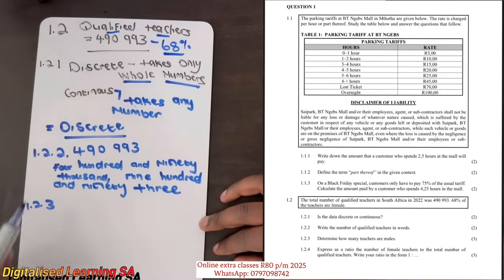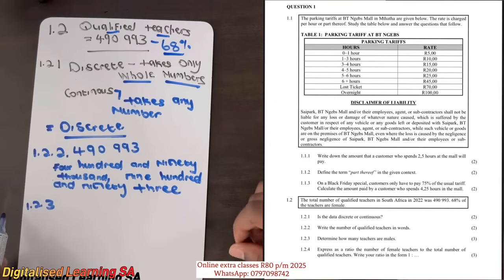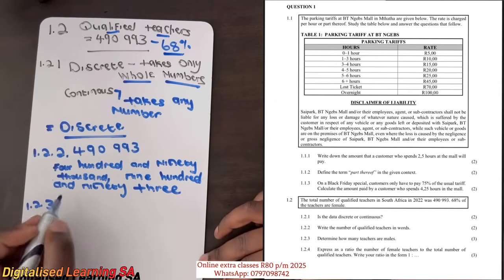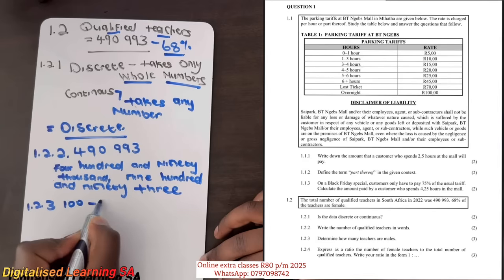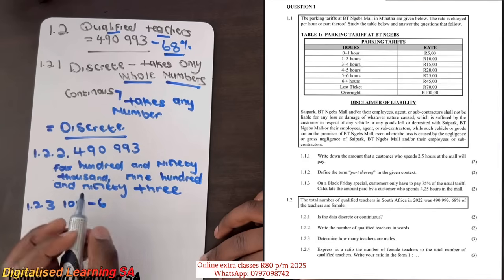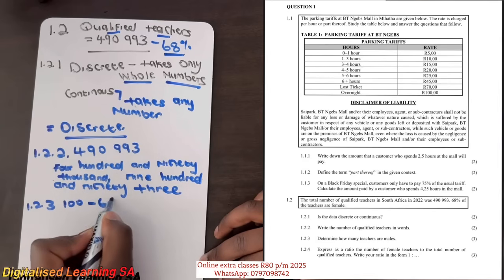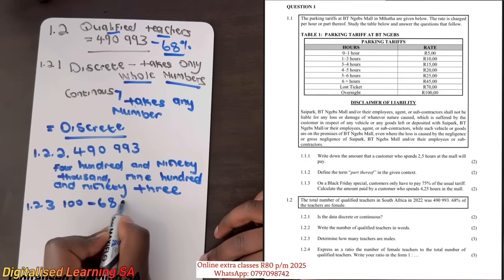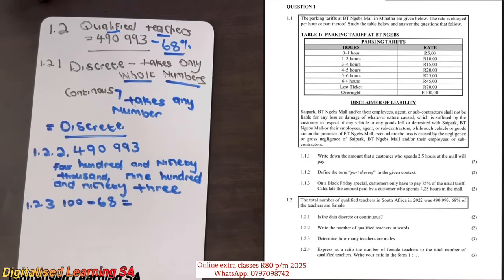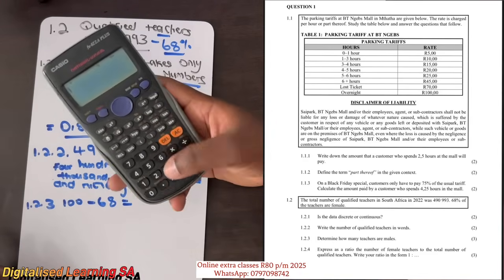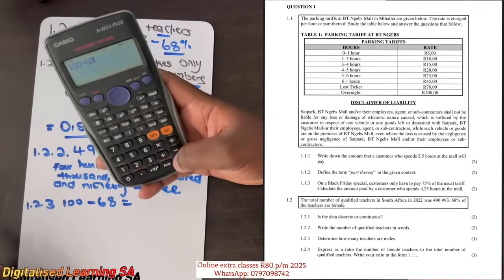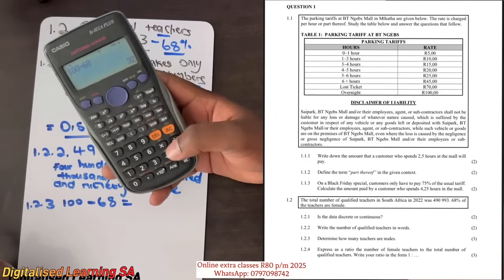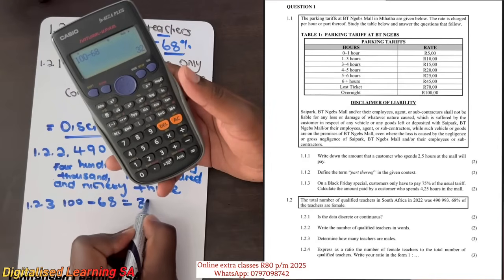Okay, meaning that to find the percentage of male teachers, we just minus 68 from 100, so that we can be able to see the percentage of male teachers. So let's quickly do that. So if we say 100 minus 68, we can see that the percentage of male teachers is 32%.